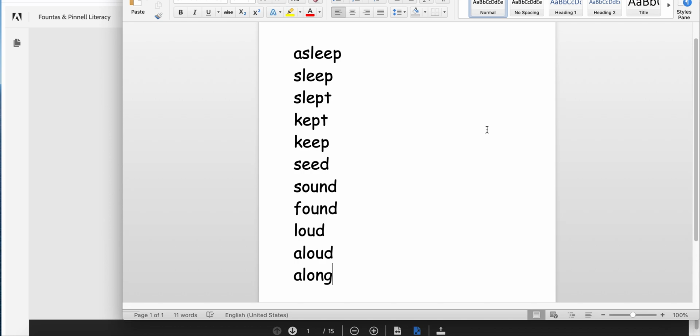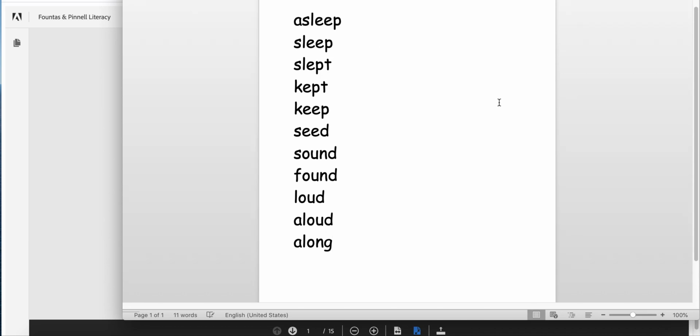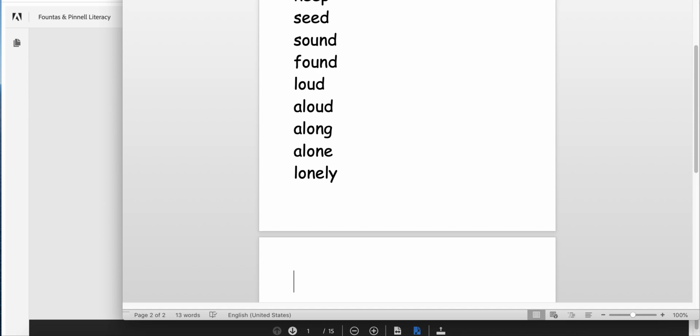Let me scroll that down. Along, changing the ending, alone, taking away that A, keeping the lone, adding an ending, lonely, and then one more, changing lone, changing one letter.